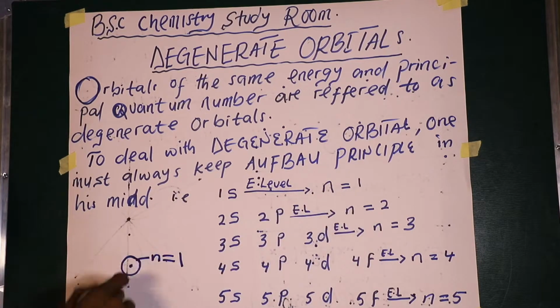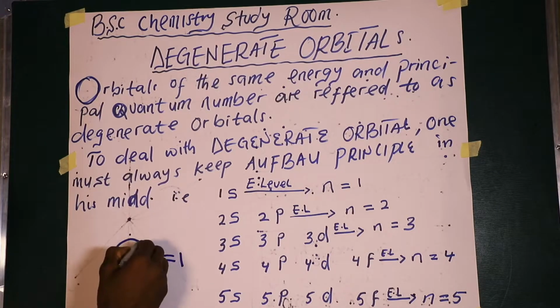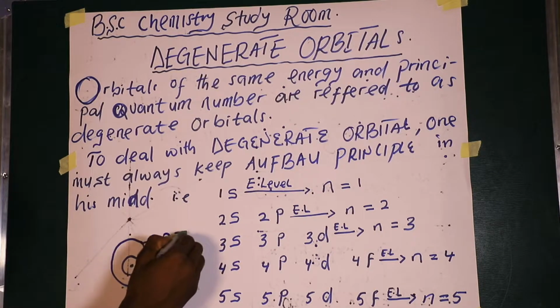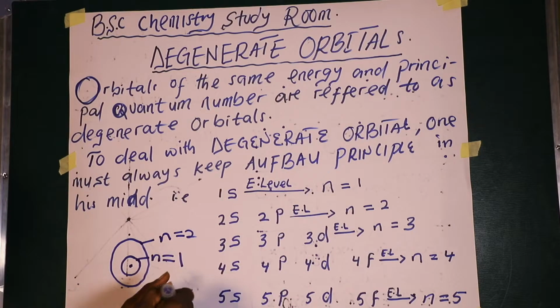And as we increase the shell, that means we are increasing the energy level of an atom. This is where n is equal to 2. As we increase the shells, we are always increasing the energy level of an atom.